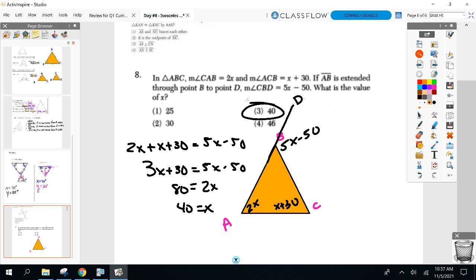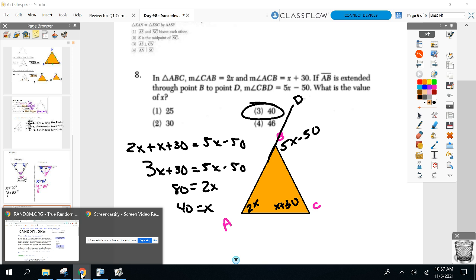And we end up with 40, I hope. X equals 40, perfect.